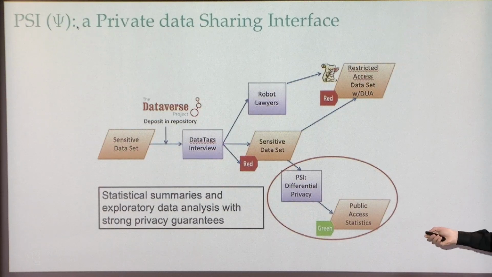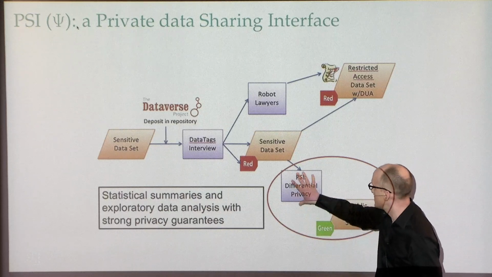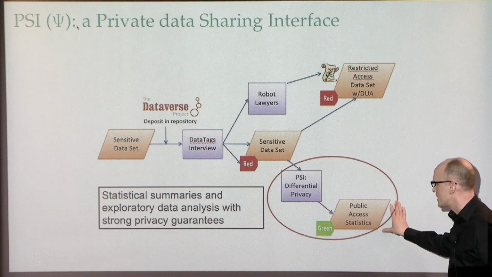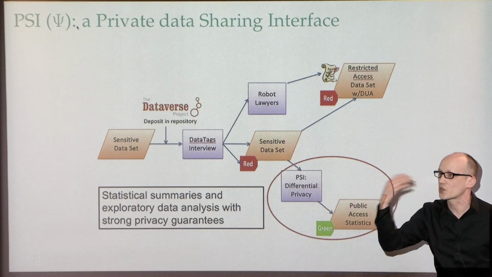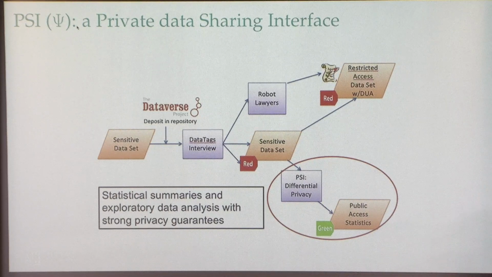But the thing I want to focus on from this point on is just this last little arrow here, which is: if I have sensitive data, how can I generate public access statistics, summary statistics of the data set for discovery, and possibly summary statistics generated on the fly by interactive queries, by people who have their own budgets to ask additional questions of the system in order to generate these things.